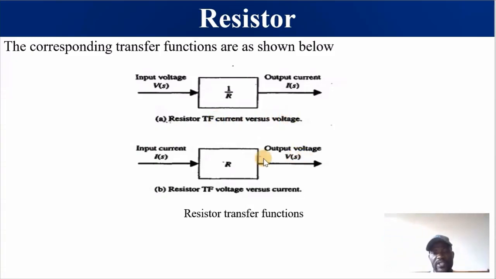For voltage versus current, we can simply say the Laplace transform of the output voltage V of S is equal to I of S times R. We are deriving this, guys, from C of S, which is the response, equal to G of S multiplied by the reference input R of S. So, guys, we are now going deeper into the transfer function, and we are looking at mathematical models. This is the mathematical model of a resistor.